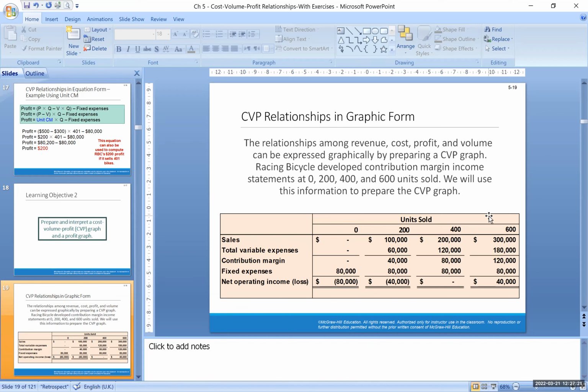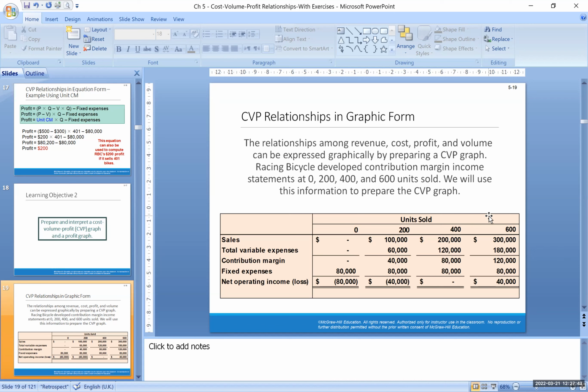For the first income statement, if the company sells 0 units, we don't have any sales revenue. We will not receive any sales revenue if we are not selling anything. Similarly, the total variable expenses will also be 0. Why? Because it is variable.